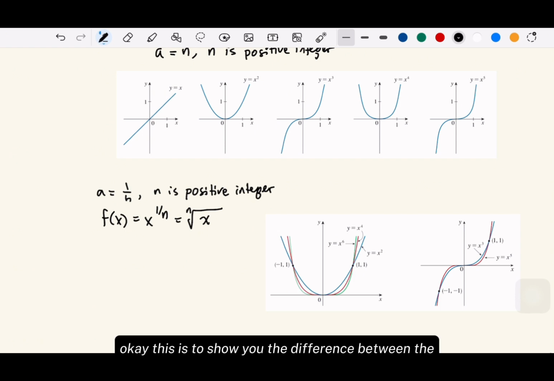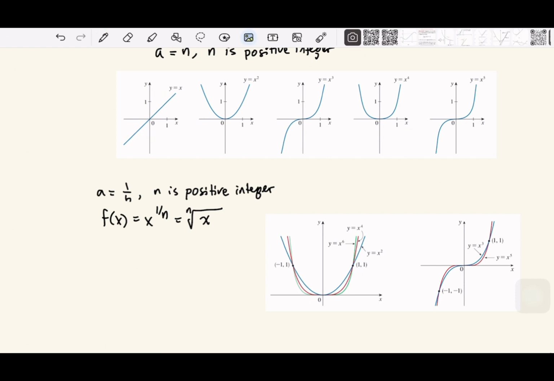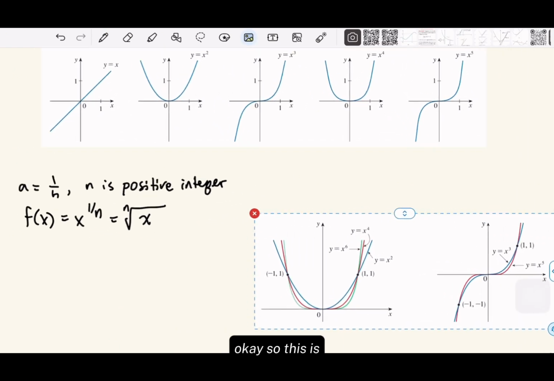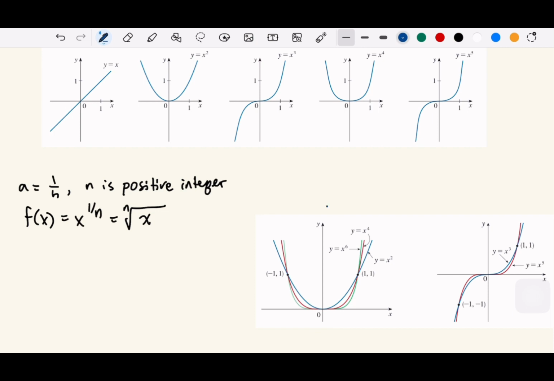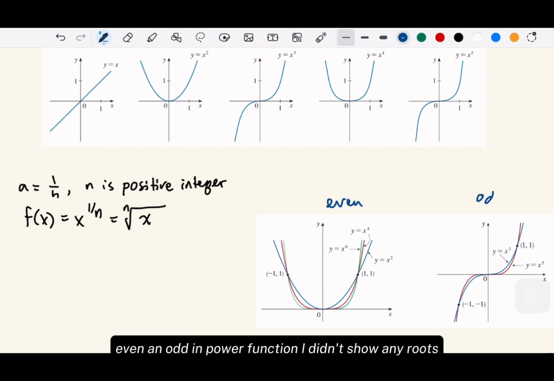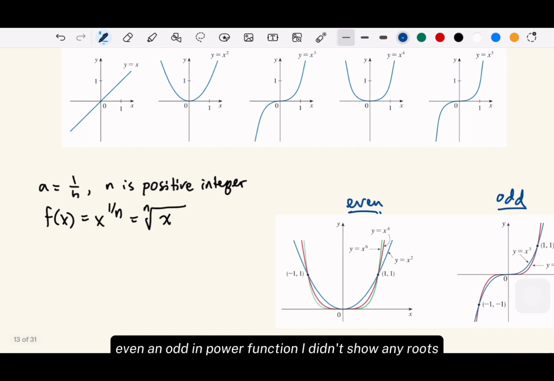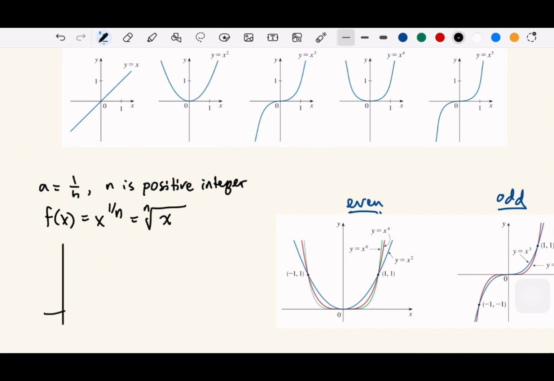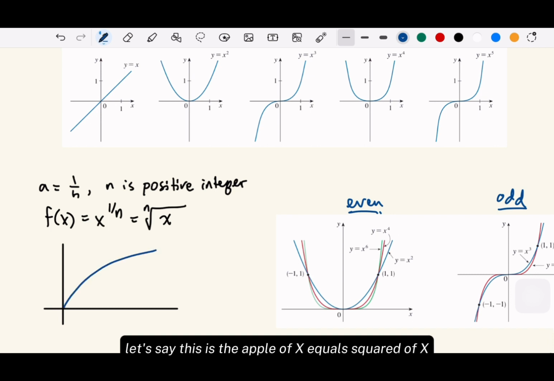Okay, this is to show you the difference between even and odd in power function. I didn't show any roots, but I think we can draw something here. Let's say this is f of x equals square root of x.